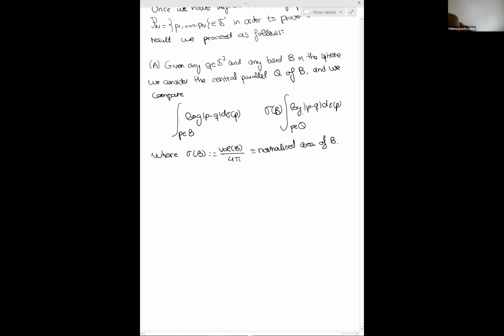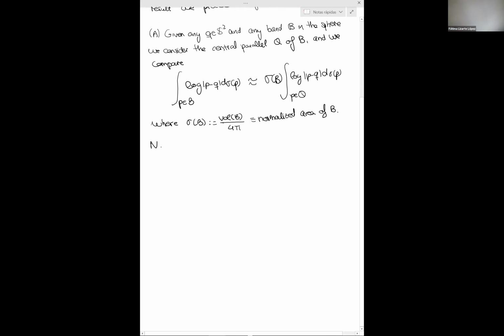We have two integrals with the same function. In the first integral, p belongs to the band, and in the second one, p belongs to the central parallel Q of the band. We conclude that this integral is approximately equal to the normalized area of the band times the expected value of the same function in the central parallel.